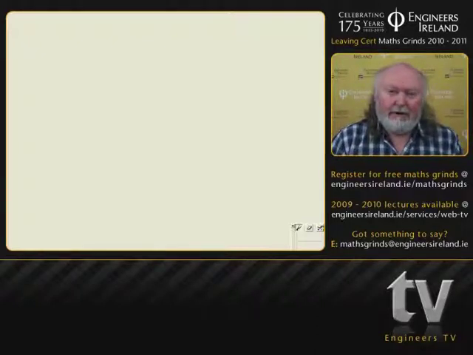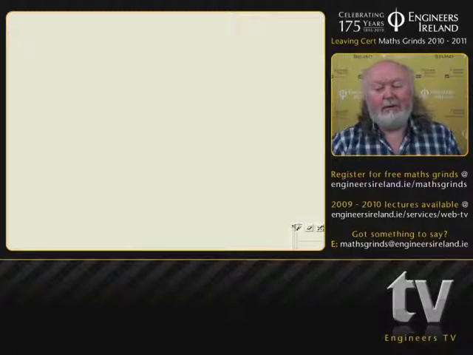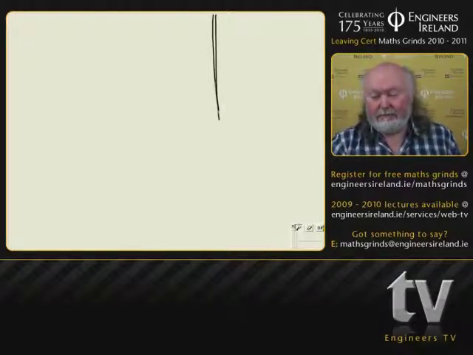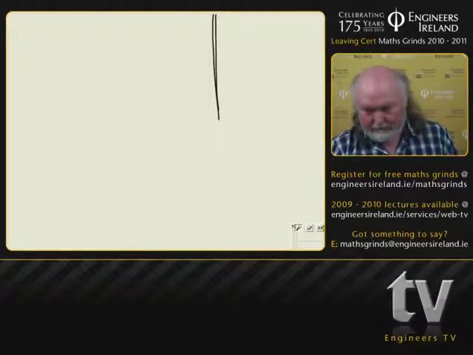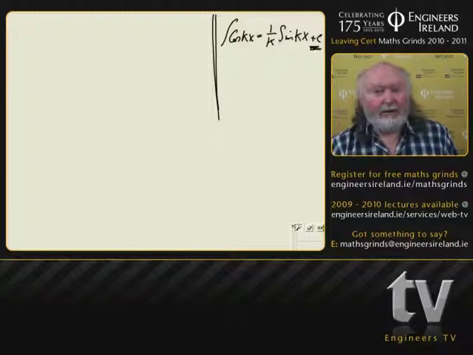For example, in the log tables it will give you the integral of cos x and the integral of sin x, but there's no harm in remembering these two. Don't forget the plus c if we don't have limits.